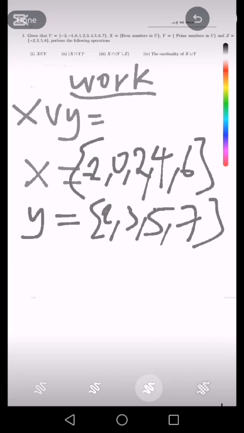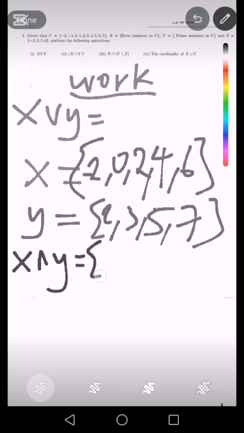What is common between x and y? -2 is not common. Only 2 is common here. So only 2.